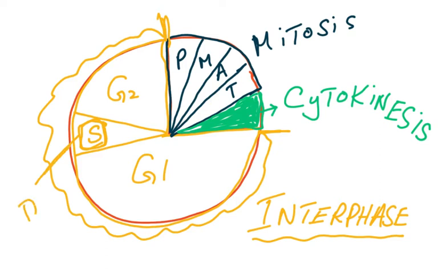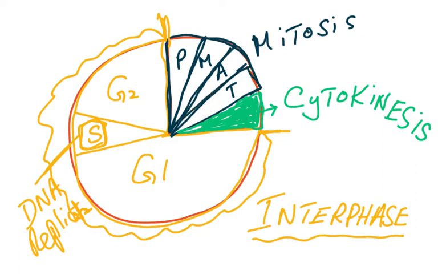DNA, please remember, in human cells is linear and is chromosomes. And then which part is mitosis? Mitosis is only the part which is prophase, metaphase, anaphase, and telophase.